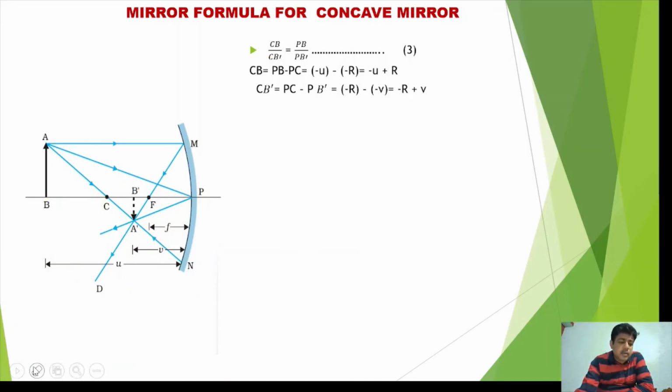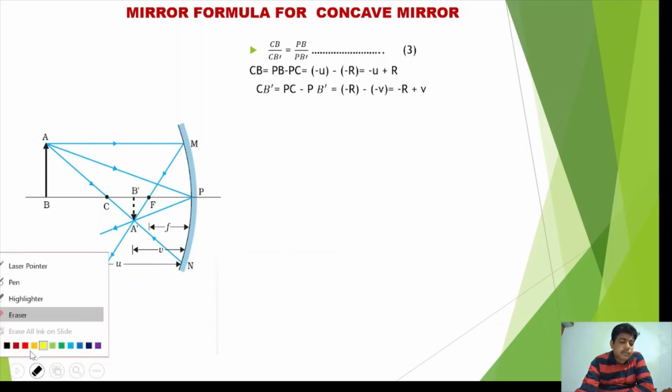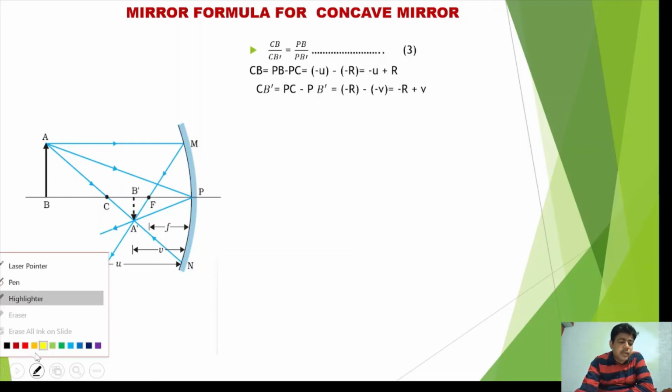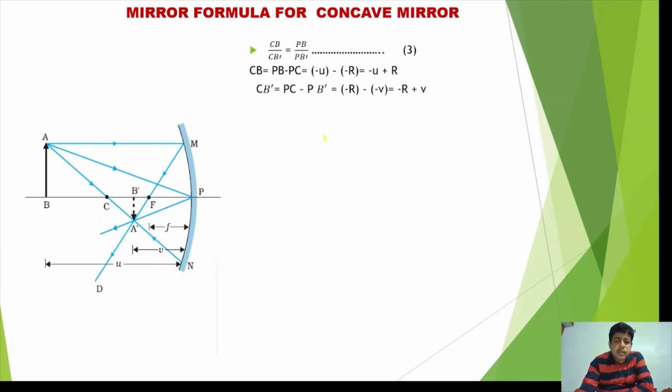See the diagram once again, because this problem is based on the diagram, so you have to draw the diagram properly. This is CB', and CB' is equal to PC minus PB'.